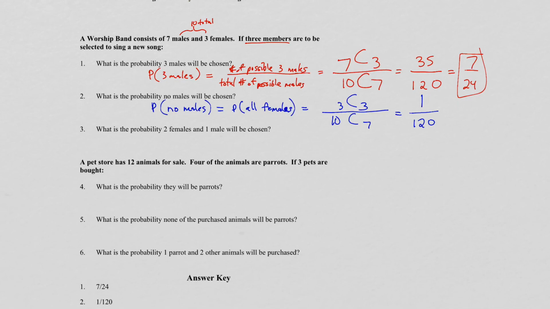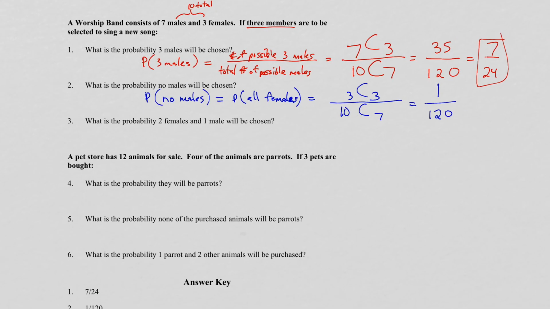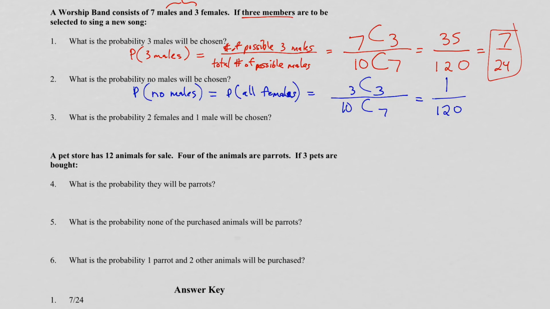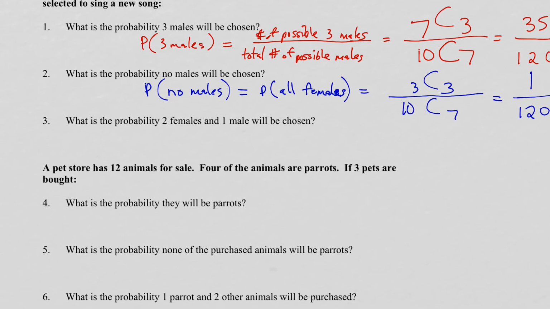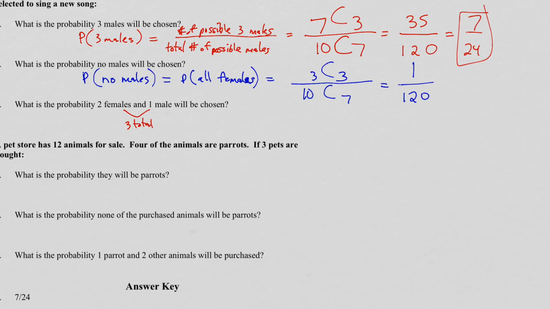Okay, what about number 3? We'll end with this because this is the most tricky of them all. So 2 females and 1 male. How many are we interested in? 3. Okay, so we're choosing out of the 10 total persons.